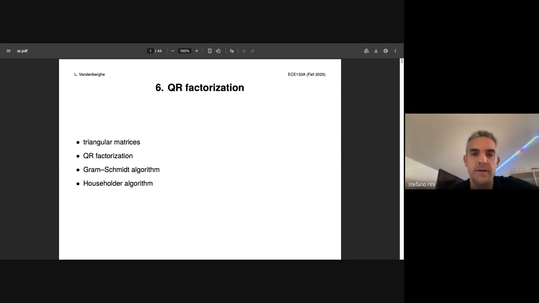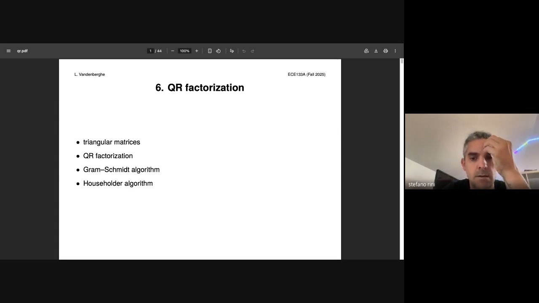So remember that the range of A is all the space that we can cover with the product A times X. So if A has linearly independent columns, then Q and R are its QR factors, and Q has the same range as A. We see this because if Y is in the range of A, then we can take A times X. Instead of A, we write Q times R times X. But R times X is just reshuffling the linear combination, right?